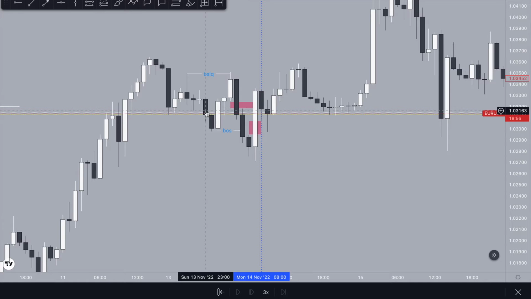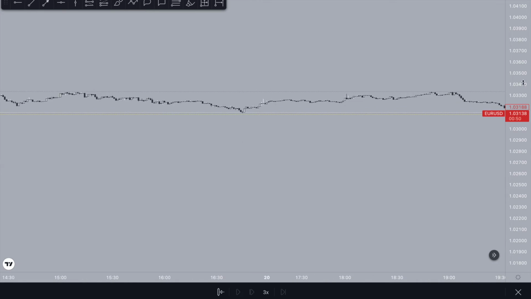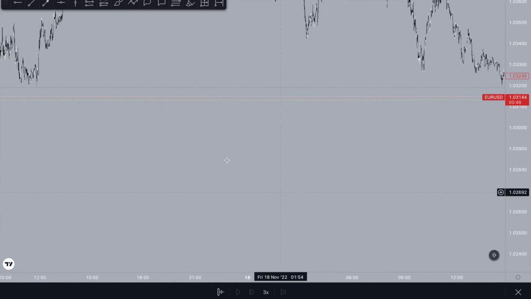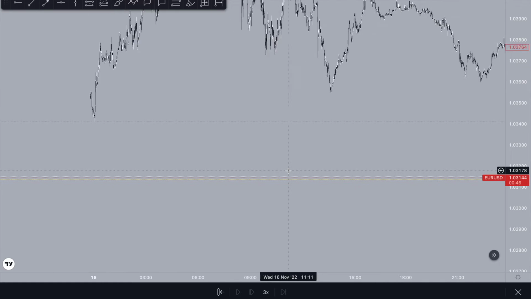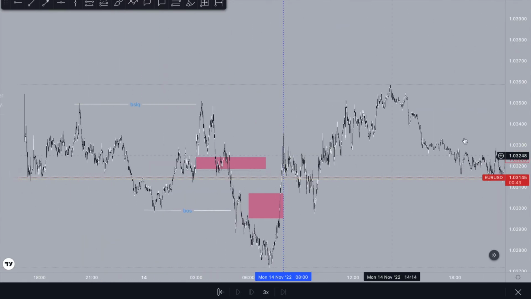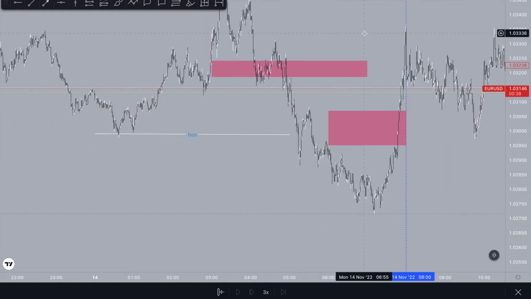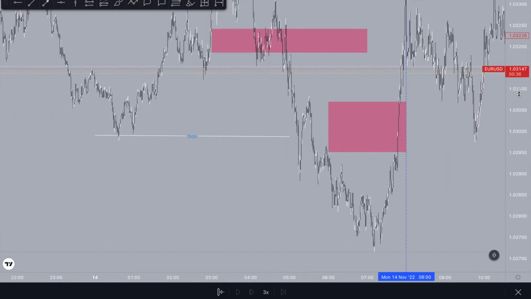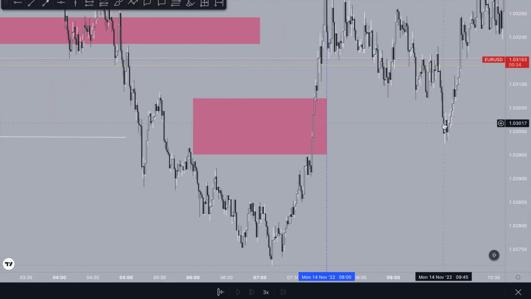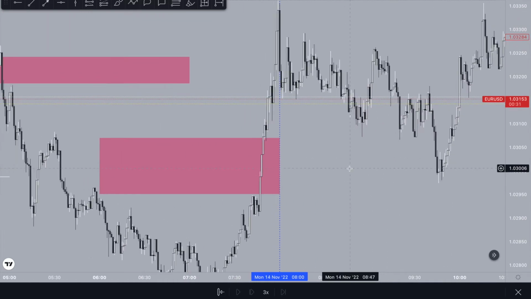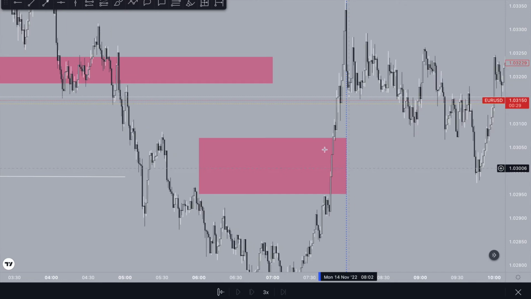So let's move to our 1 minute time frame to look for our entry level. Let me go back further. There we go. So we have our buy side liquidity at this area.